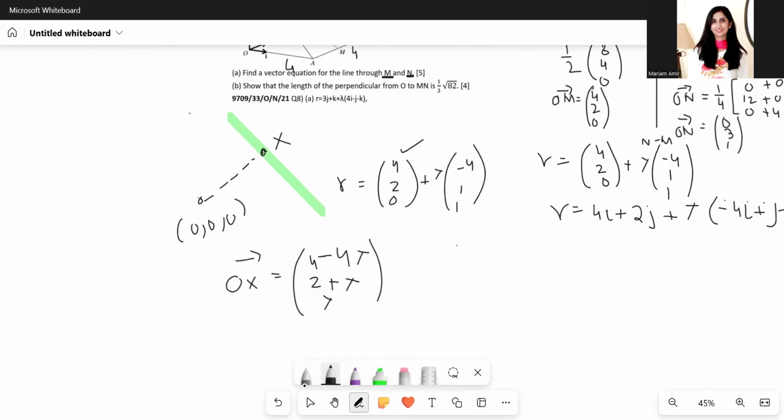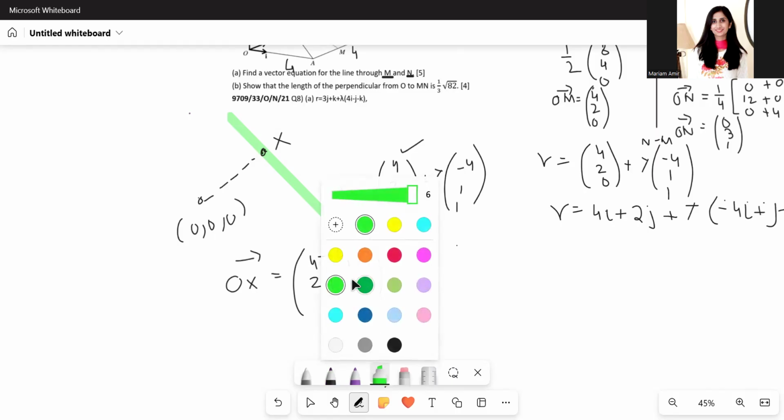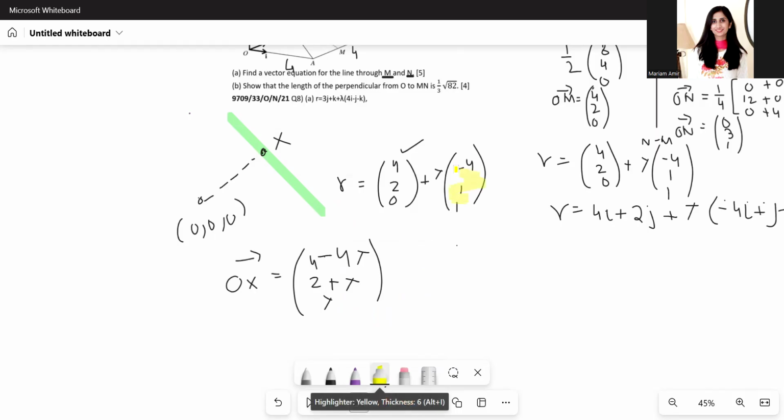Next, the dot product between OX and the direction vector should be equal to 0, because the direction vector is parallel to the line, and OX is perpendicular to the line, as it is the perpendicular distance. So the dot product between these two must be equal to 0.